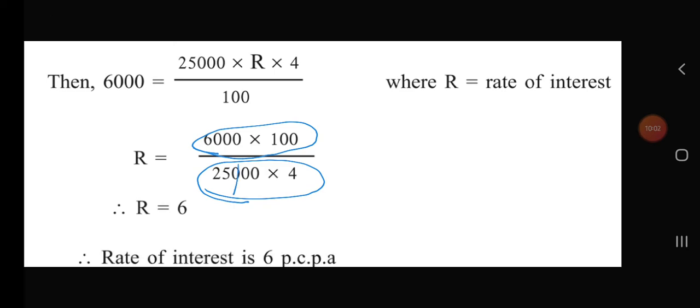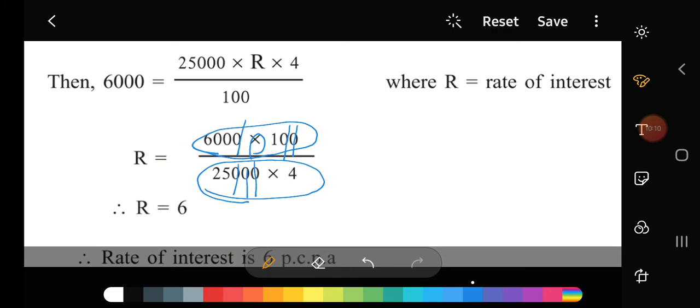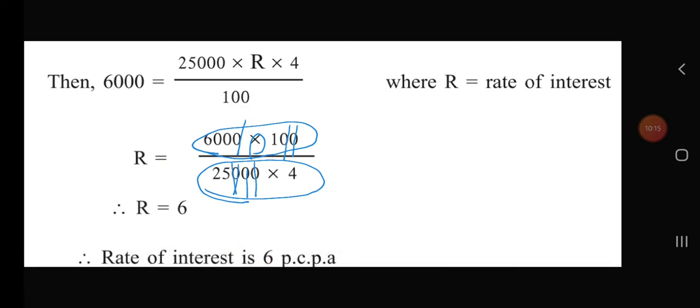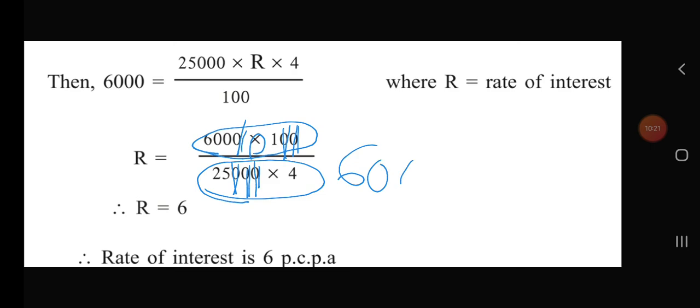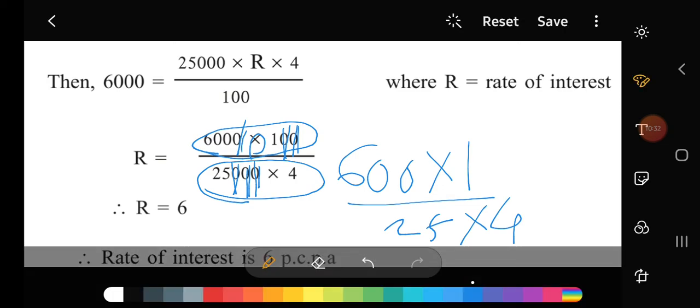Total 3 zeros are present in the denominator, so we can cut 3 zeros from the numerator as there is multiplication. Whenever there is multiplication we can do that, but when there is addition we can't. So the values remaining are 600 into 1 in the numerator and 25 into 4 in the denominator.